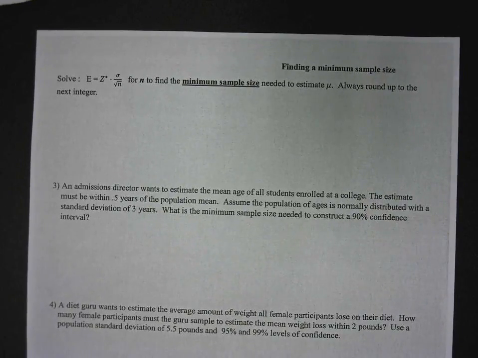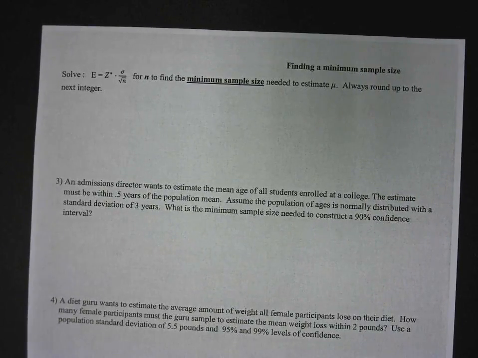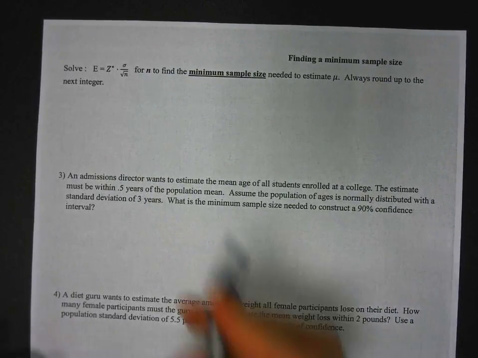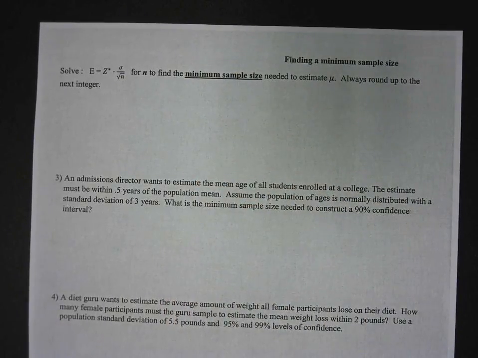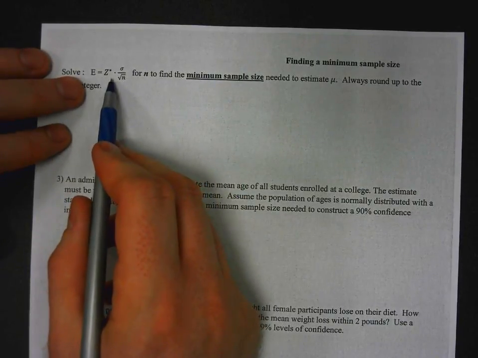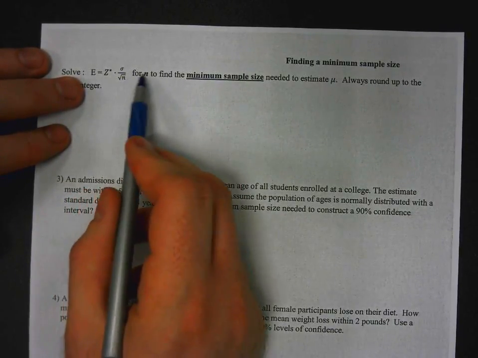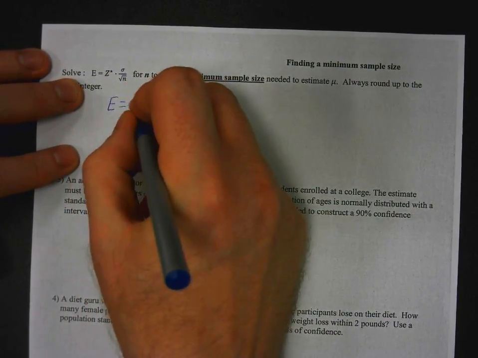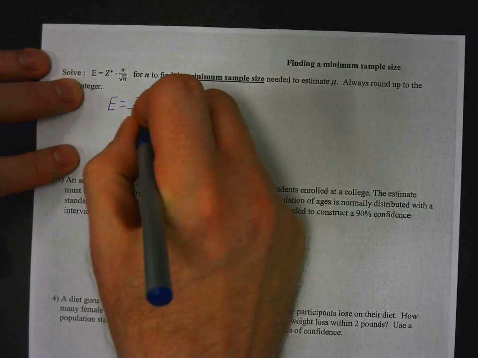Okay, so these two examples are pretty quick. What we're going to do now is suppose you want to construct a confidence interval and you want to know what sample size you should take. So what is the minimum sample size you need in order to get a certain margin of error given a standard deviation and a confidence level? If you take our margin of error formula, E equals z star times sigma over square root of n, and you solve it for n.